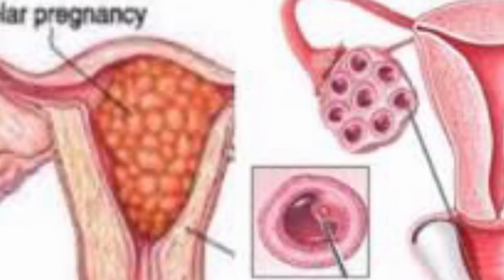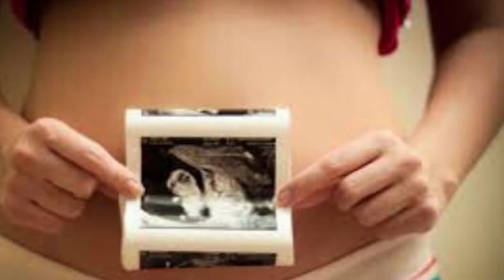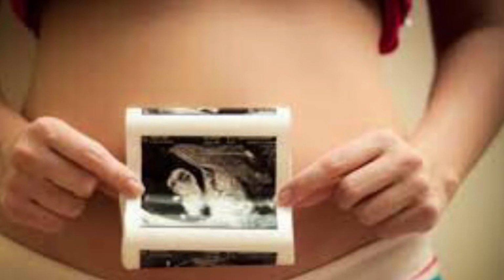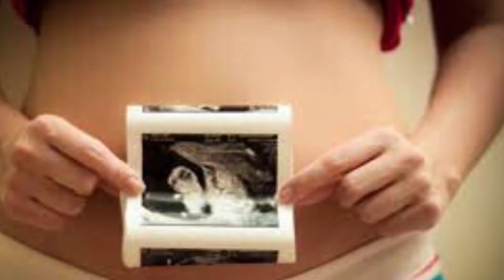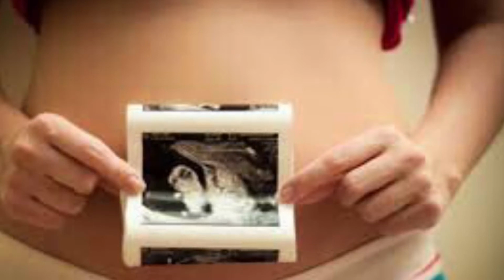What is a molar pregnancy? Molar pregnancy, also called hydatidiform mole, is the most common type of gestational trophoblastic disease. In healthy pregnancies, a fetus develops when one sperm fertilizes one egg and chromosomes from each combine. The baby will have two sets of chromosomes, one from each partner.